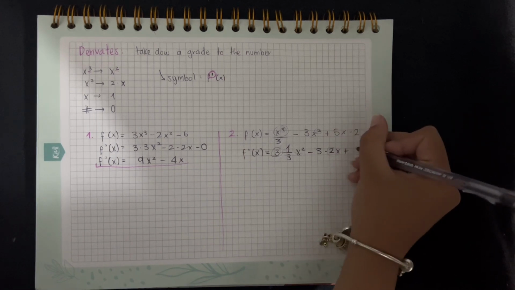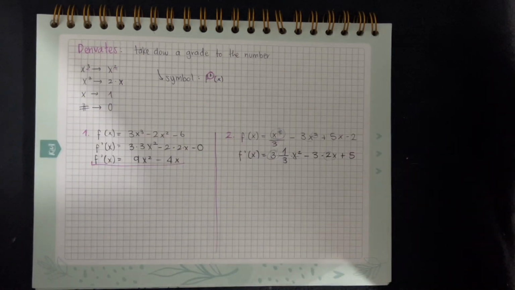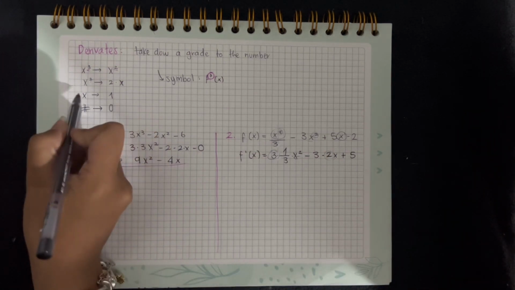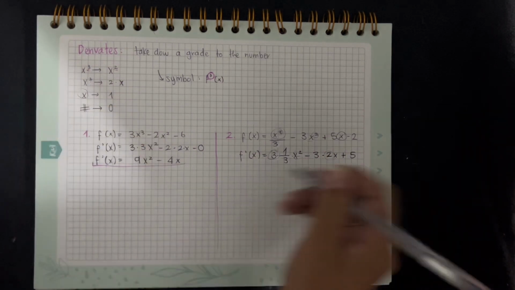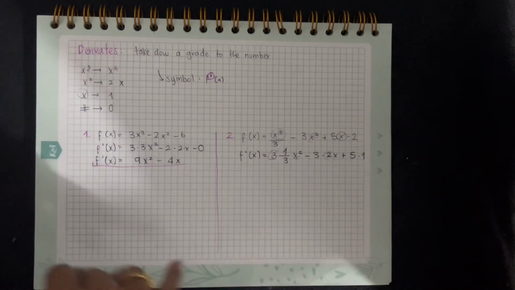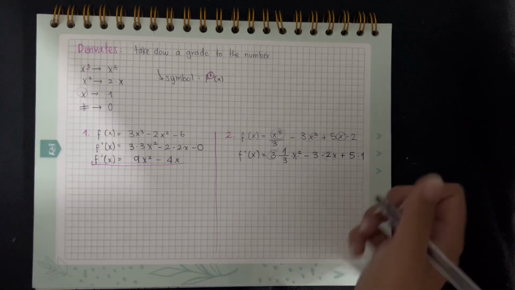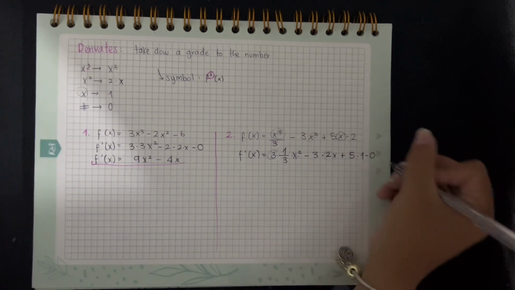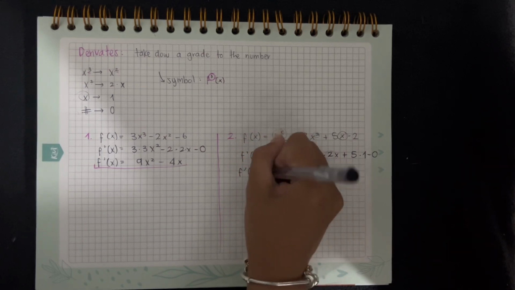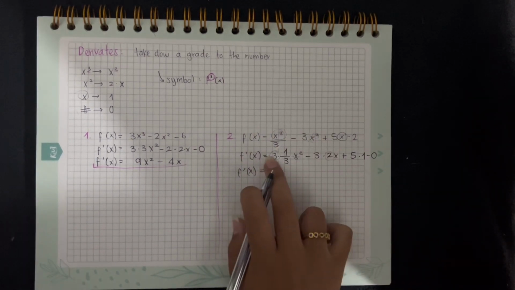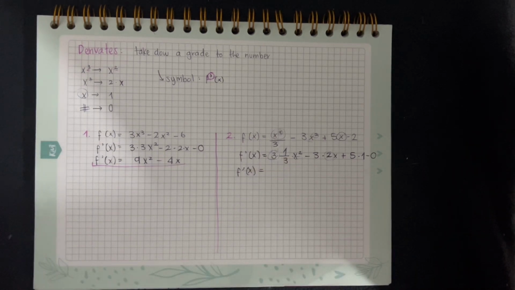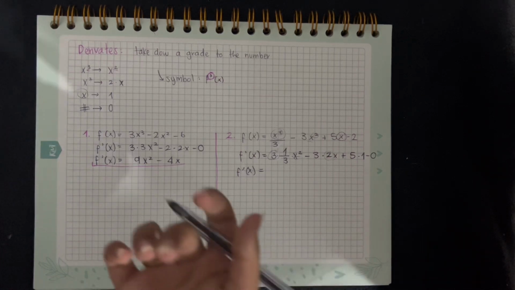Plus 5, but here this x doesn't have an exponent, and remember, when there is no exponent with the x, it is passed to a 1, and this minus 2, as the 2 is alone and doesn't have any unknown values, will be 0. So f prime of x is equal to, when we multiply 3 times 1/3, it will give us a result of 1.